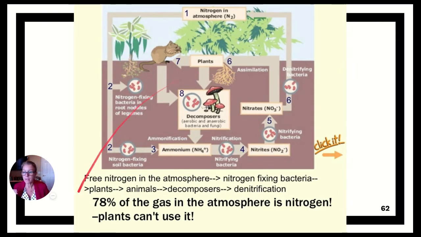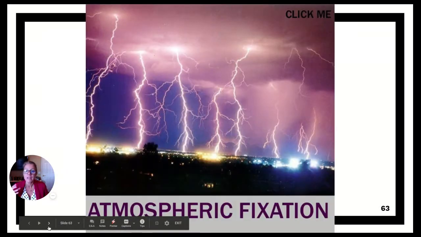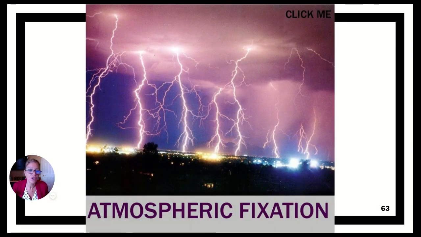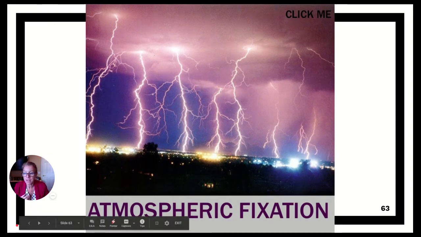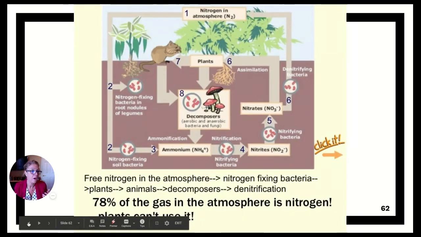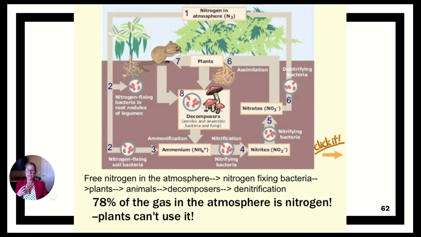Lightning can do what's called atmospheric fixation. It will go directly from N2 to nitrate. So lightning, and that's called atmospheric fixation, and that's in your notes as well. And then a third way is through industry. So industrial fixation, like when they're making fertilizers.